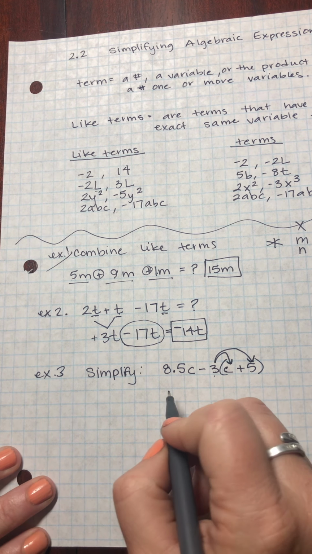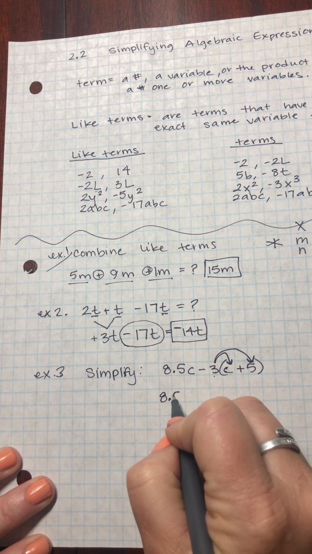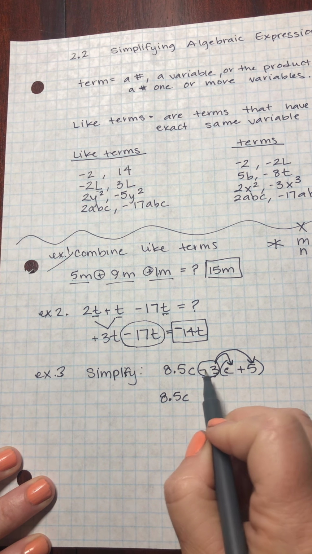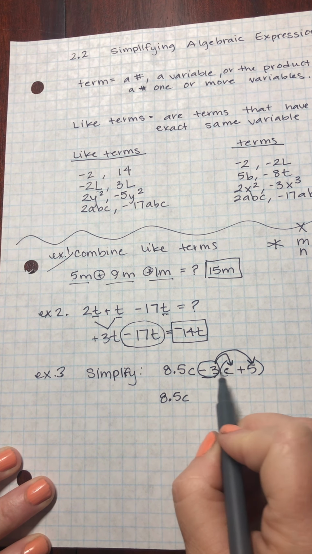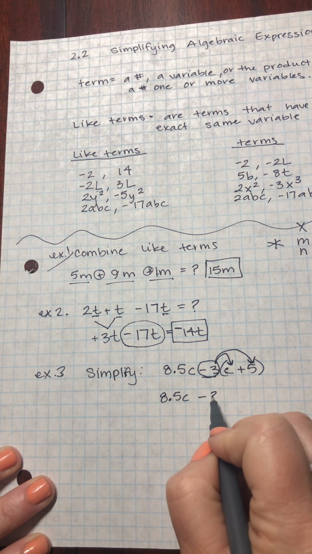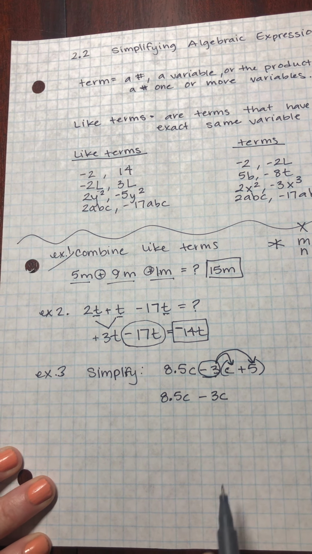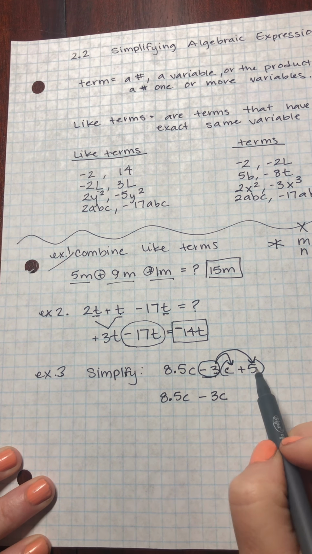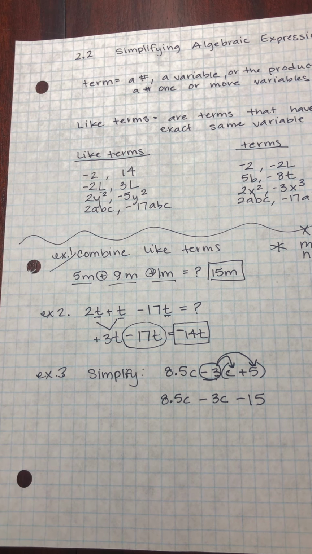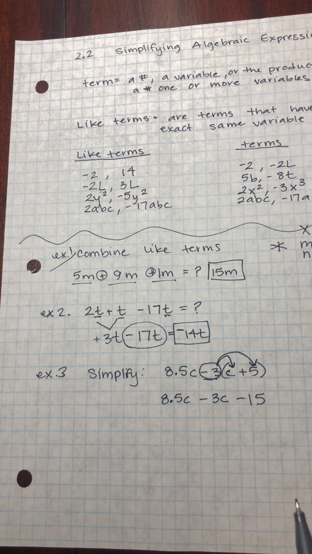Okay, so I have 8.5c, and then I have this negative 3, right, because the sign is included. So negative 3 times c is negative 3c. And then negative 3 times 5 is negative 15. And then from here, I can combine like terms.